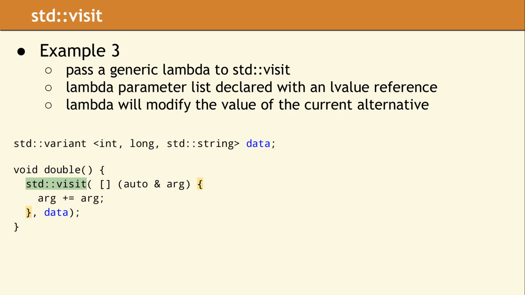On the other hand, this could be a very useful trick for manipulating the variant when nothing else seems to be a better choice. We do recommend that you declare your generic lambda expressions carefully and always receive the argument by const reference unless you actually intend to modify the variant data within the body of the visitor lambda.